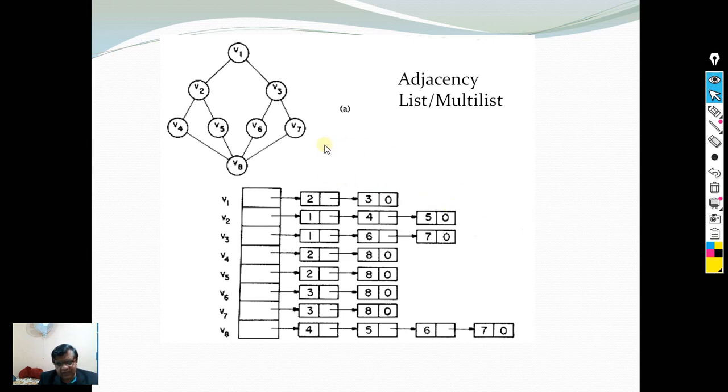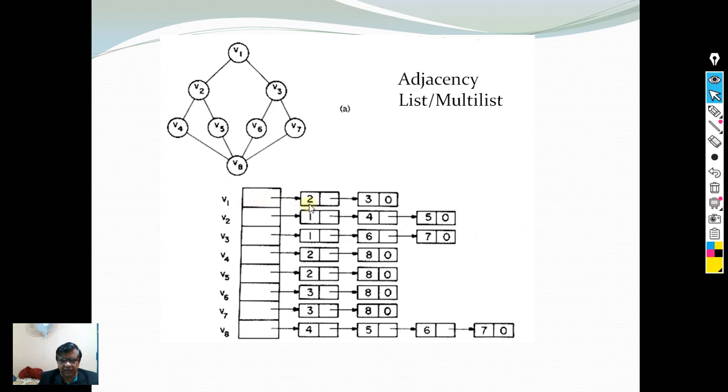In order to construct a multilist, we have to have an array of size n, where n is the number of nodes, and header pointers should be stored in every cell. That means we have an array of pointers, each pointer devoted to each node. For example, V1 is connected to V2 and V3, where 2 represents V2 and 3 represents V3.